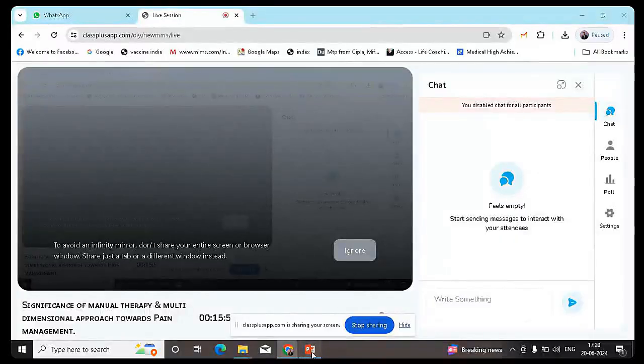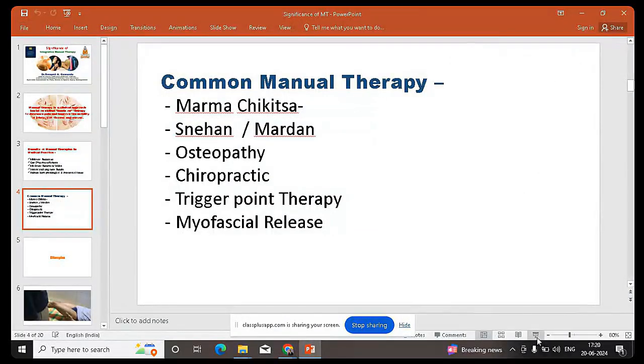We are also going to see some examples of cupping, because cupping is included in manual therapies since we are doing it manually. Going back to the presentation, we'll see some examples of practical manual therapy.